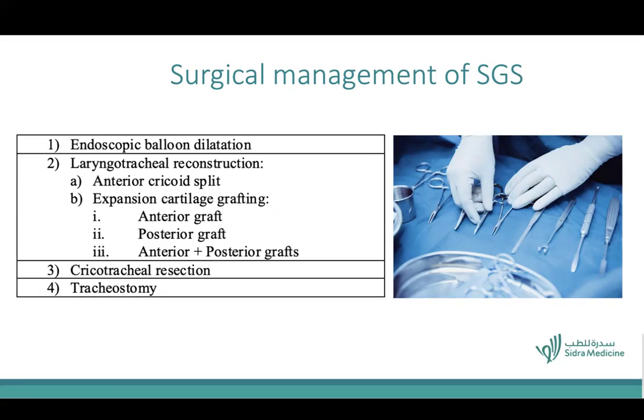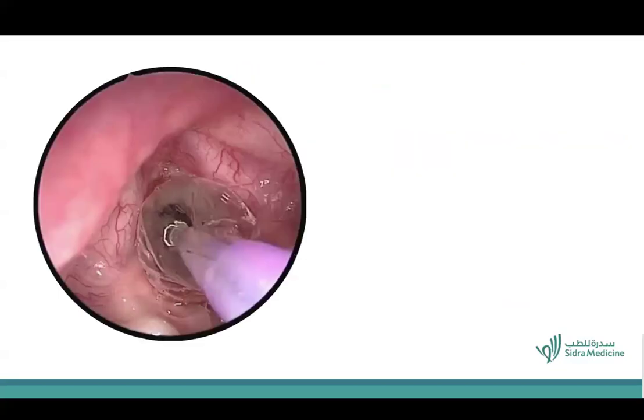But if endoscopic measures fail, then you have the option of laryngotracheal reconstruction, where you split open the cricoid and then augment that split with grafts, anteriorly, posteriorly, or sometimes both. Thirdly, the option is to resect the stenotic portion, and very last, for failed cases, you may consider a tracheostomy.